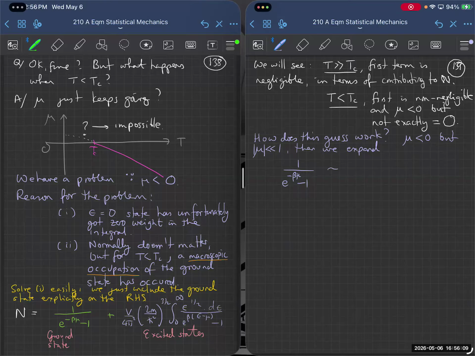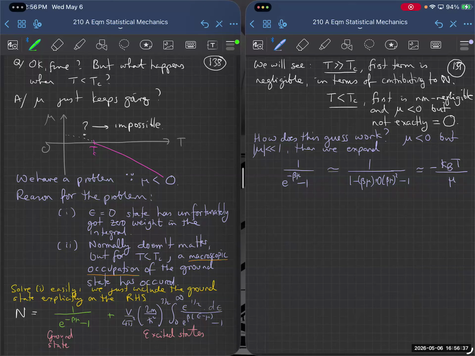This is approximately 1 over 1 minus beta mu plus something of order beta mu squared, minus 1, and that is equal to minus k_B T over mu.